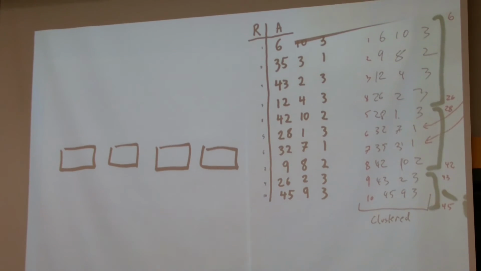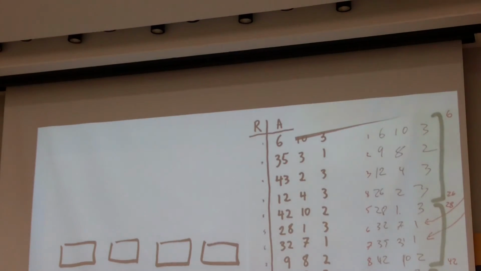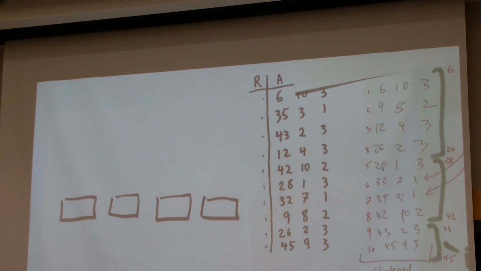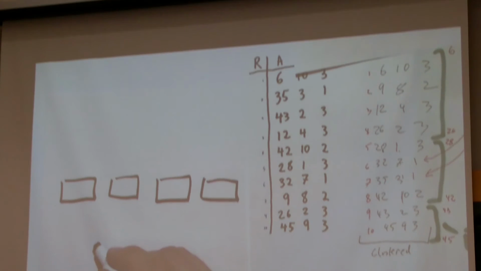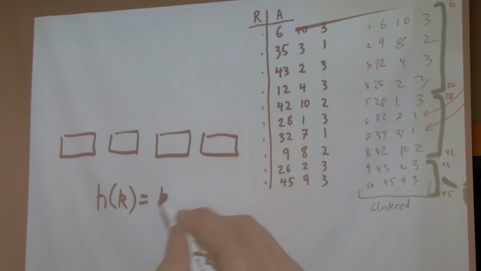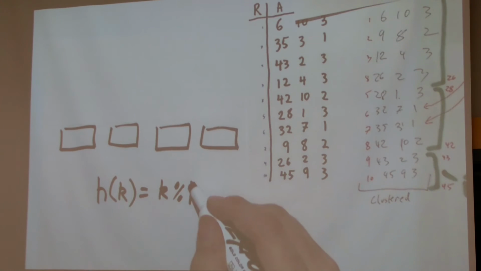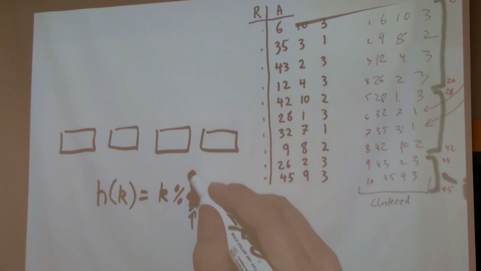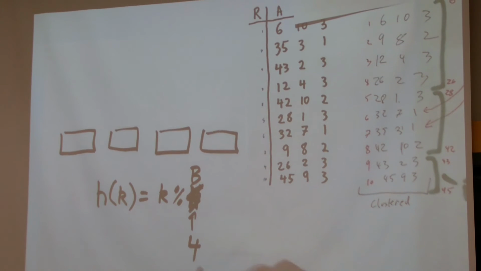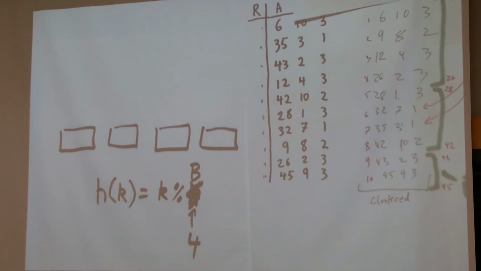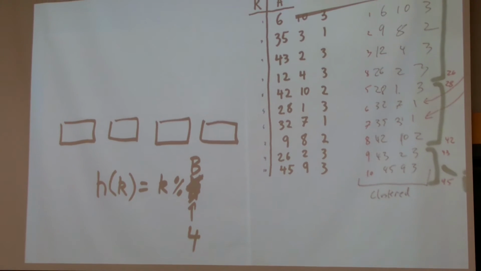Now I need some deterministic way of assigning records to buckets. And in order to do that, I can use a hash function. In keeping with the hash function that I've been using, just to make things simple, I'm going to use a stupid hash function that you never actually use: the number, k mod the number of buckets, where in this case the number of buckets is 4.